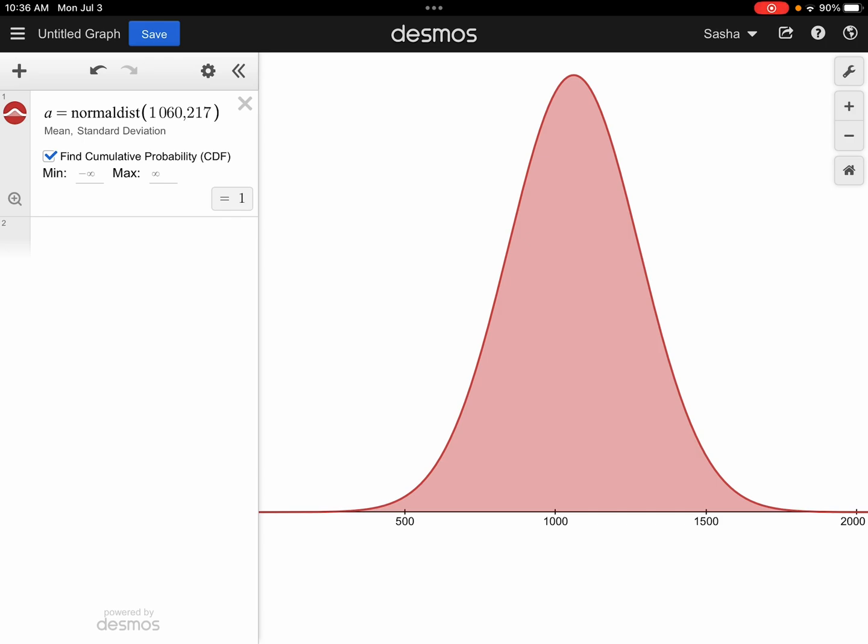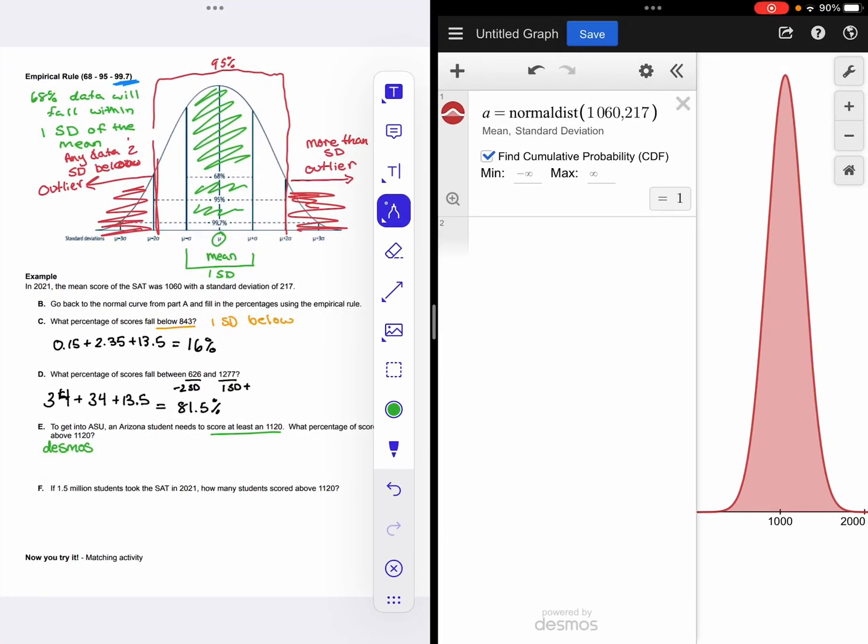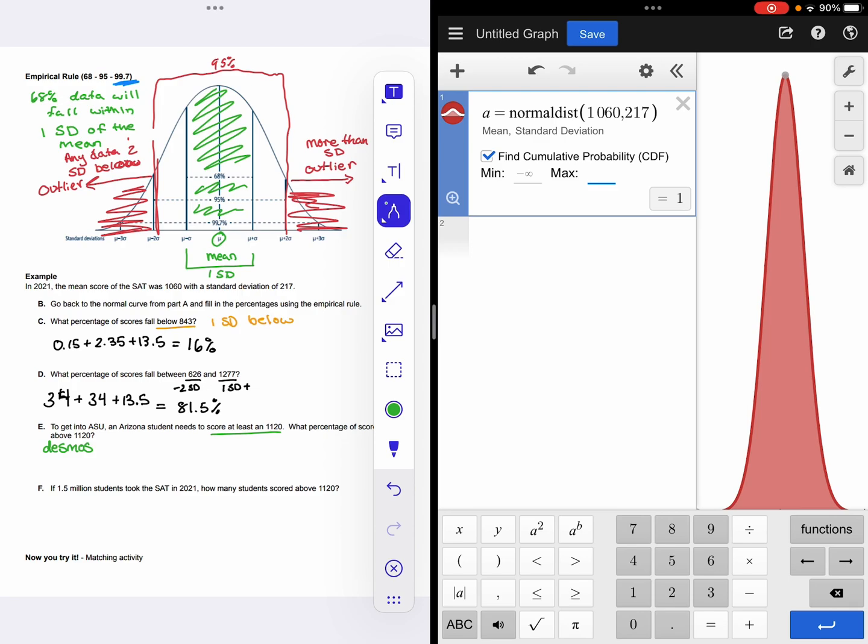Now, if we go back to question C for a minute, I'm going to open that back up. Remember, we were asked what percentage of scores fell below 843. So that would be a max value. I want 843 and everything below it.